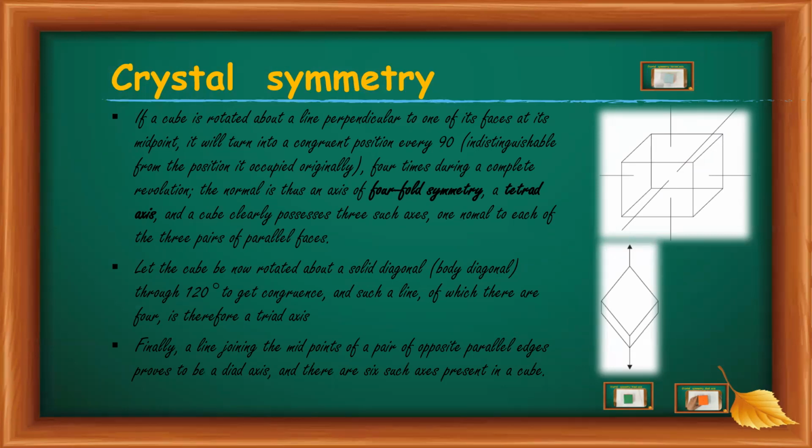So for a diad axis the order is 2. In a cube there must be 6 such axes.